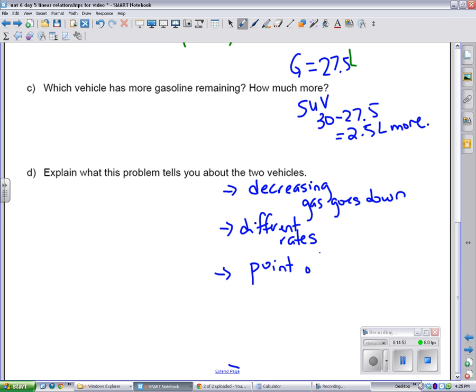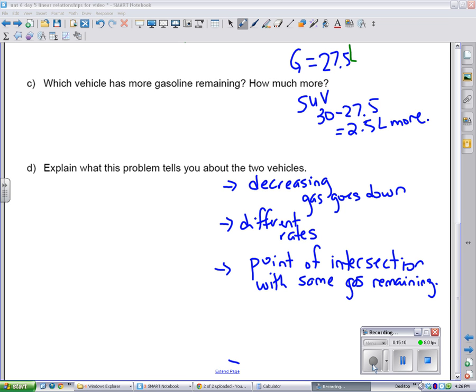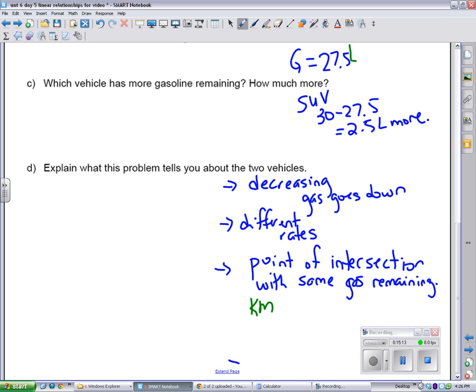The point of intersection, with the same gas remaining. And by inspecting the graph, we actually see that after 300 kilometers, they both have the same amount of gas. Gas left is the same.